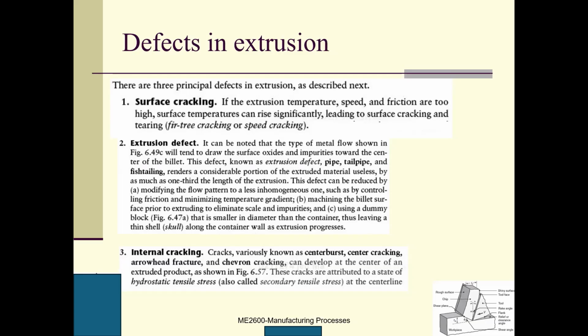Why? Because the oxides and other impurities are drawn into the billet. Especially if you are using the final products, it's very, very expensive, so it can be a problem. You should know this one, okay?